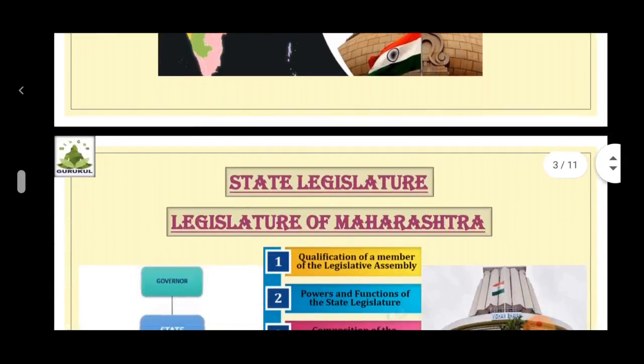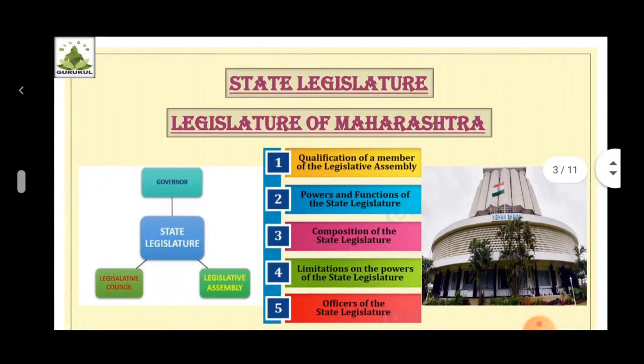Let us know more about the state legislature and legislature of Maharashtra. State legislature: like the parliament at the central level, every state has its own legislature. But only 7 states in India have 2 houses, that is, bicameral legislatures.